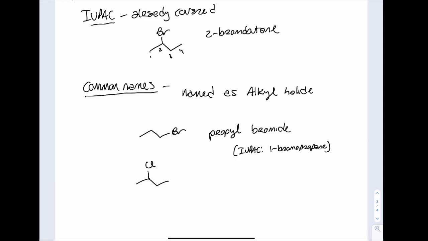If I was to look at this part and name that, my halogen is attached to that second carbon. So if I was to name that group as an alkyl group, I would have sec-butyl, and then chlorine would become chloride, so sec-butyl chloride. Again, it's not something I'm going to really ask you to do. I just do want you to be familiar with it. So, common names.